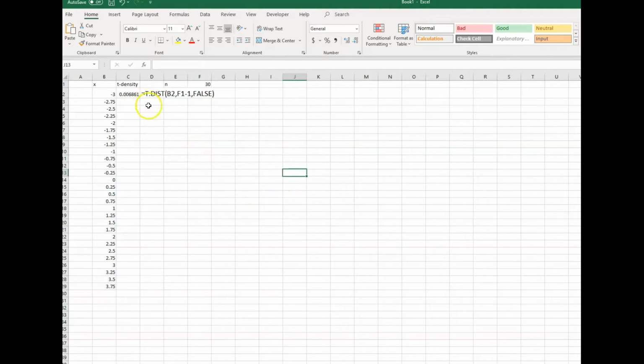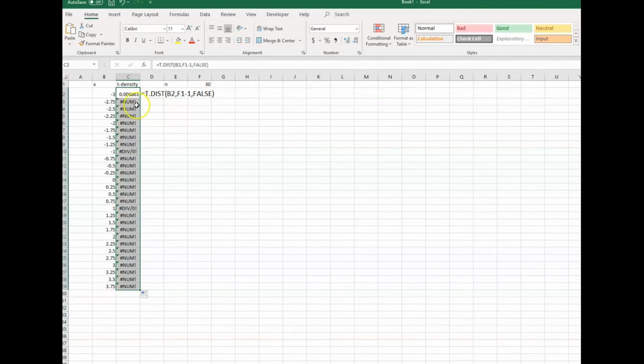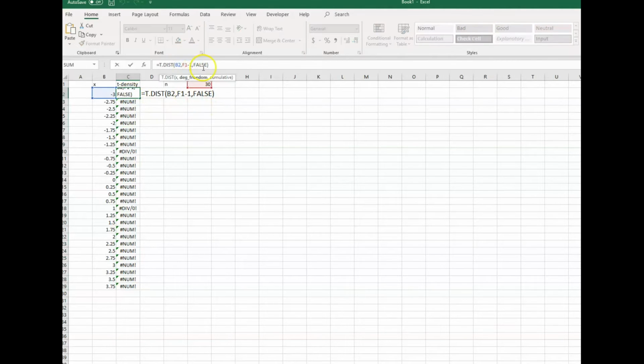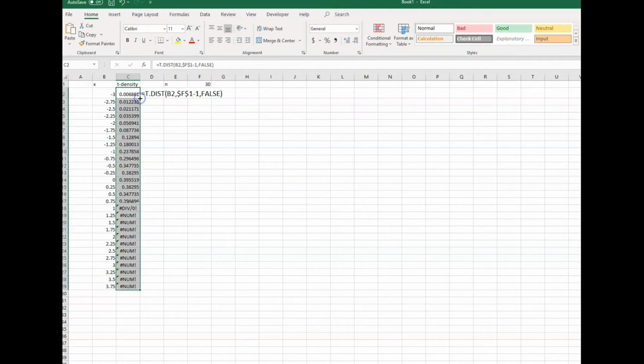The function we use is T.DIST, B2, and this is the degree of freedom, n-1. Then we copy and paste. Oh, we have to lock the F1. The degree of freedom is F1, so we press F4. Then we copy and paste.